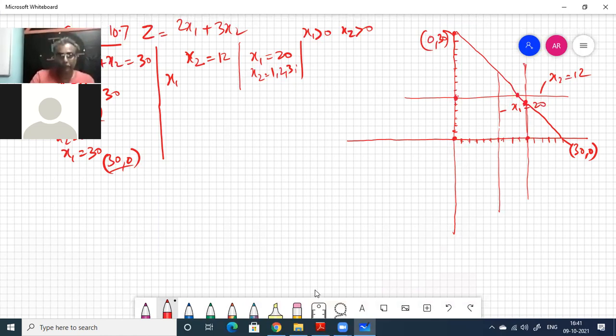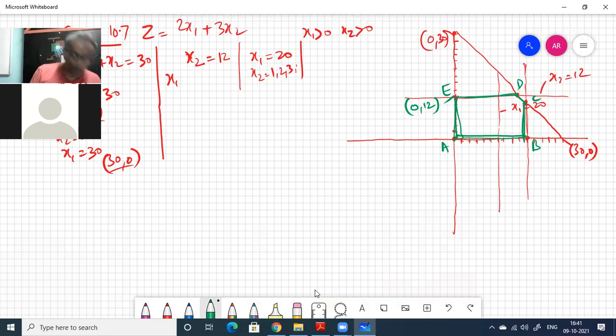So, which is the feasibility region? This becomes the feasibility region. Okay, feasibility region. This is A, B, C, D, E. This point is 0, 12.